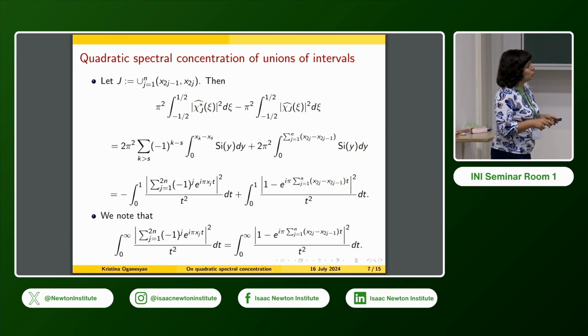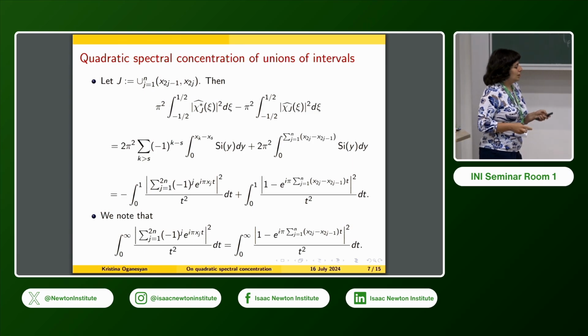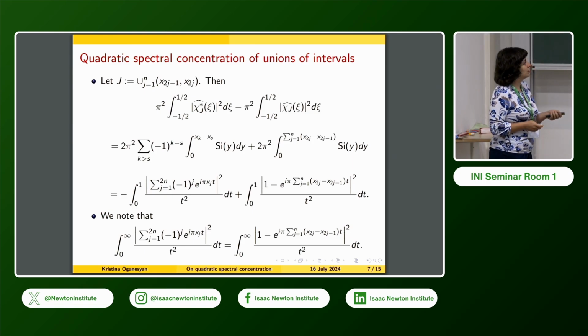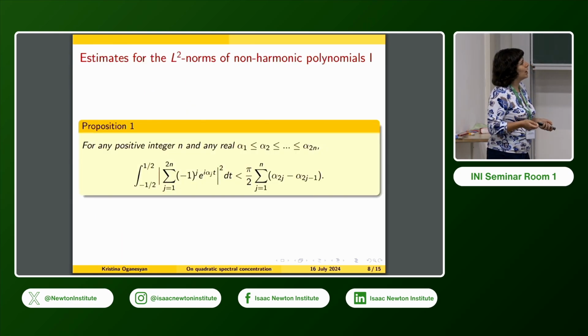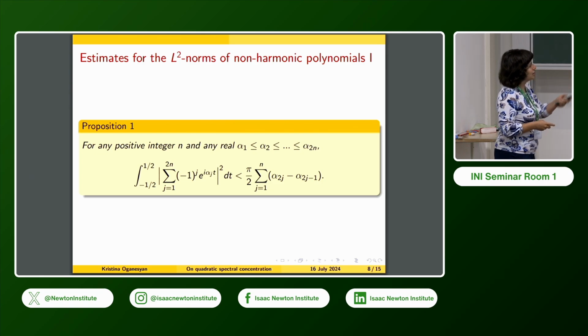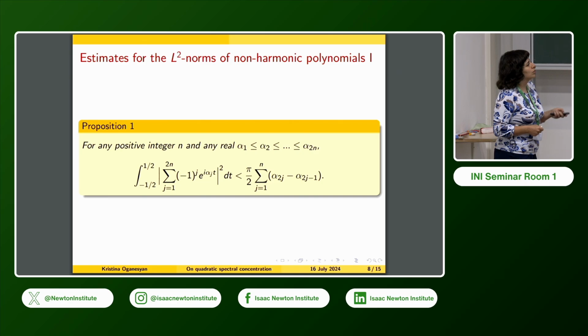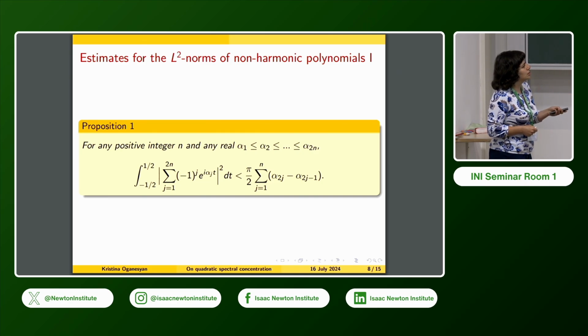So whatever your intervals are, the important thing for this norm is just the sum of the lengths. Using this, the first thing that we can derive is this bound. Whenever we have this non-harmonic polynomial, we can bound its L2 norm by this value here, which, we can note, the straightforward estimate would give you quadratic order in this sum and not linear, as you can see here.